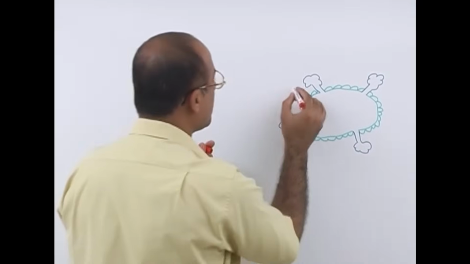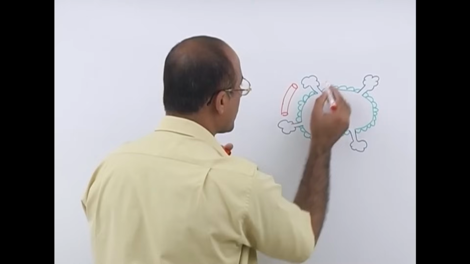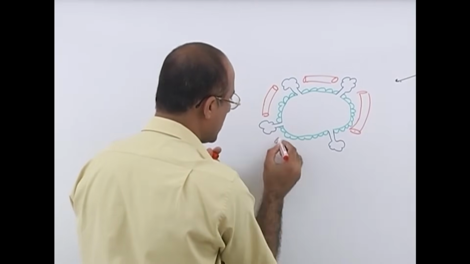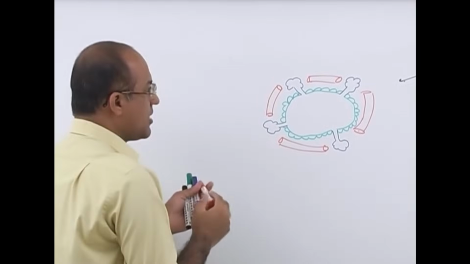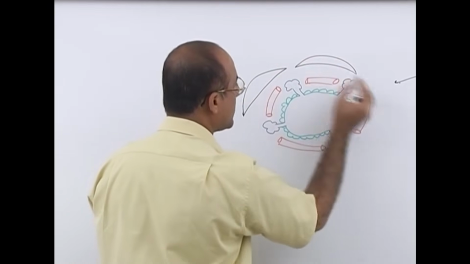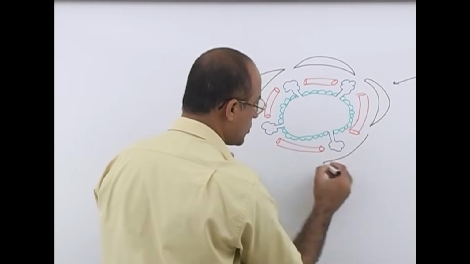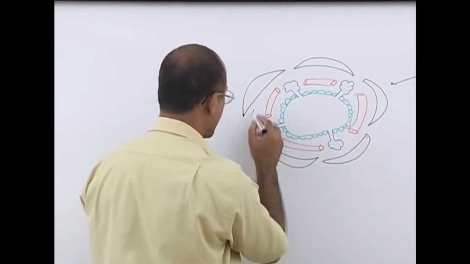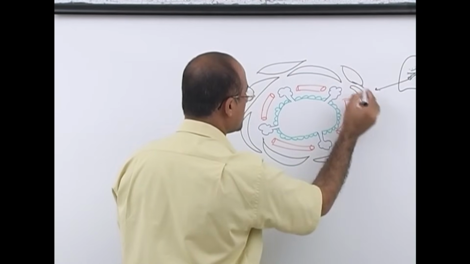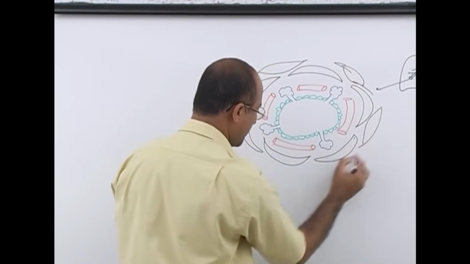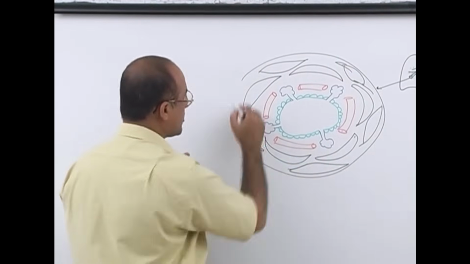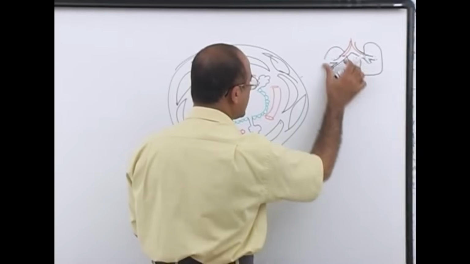And here are some blood vessels in the mucosa and submucosa, especially in the submucosa. And then here are bronchial smooth muscles. Now this was the bronchial section, and this is what I drew.